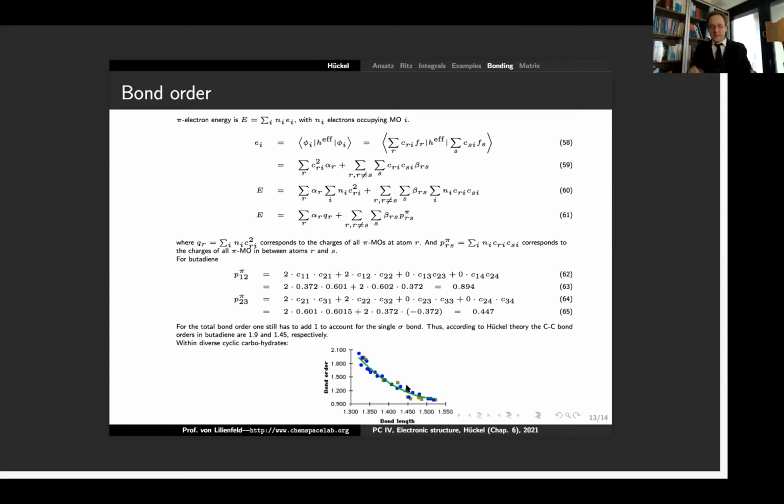So the Lewis graph picture, that it's either a double bond or a single bond, is of course way too binary for reality. That's basically a sort of truncation towards the integer values. Hückel theory already tells you that these are fractional numbers or trends. And so you shouldn't be surprised to not see here a step function from 2 to 1, but rather a smooth transition.